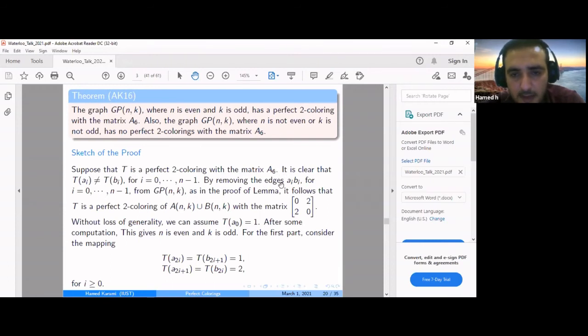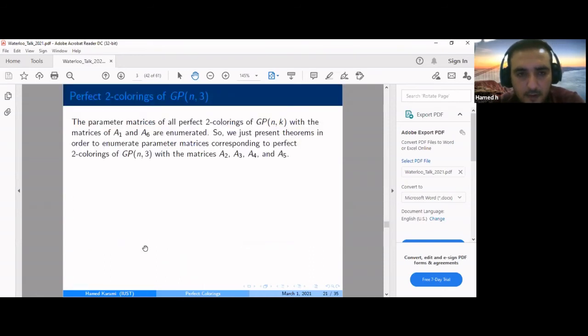By removing the A_i, B_i, we obtain a perfect two-coloring with the matrix 0, 2, 0. We can assume that T of A_i is equal to 1. After some computation, this gives n is even and k is odd. And for the first part, this mapping gives a perfect two-coloring with the matrix A6.